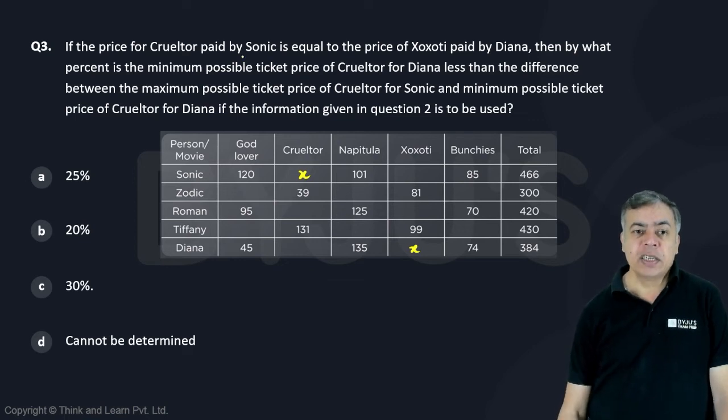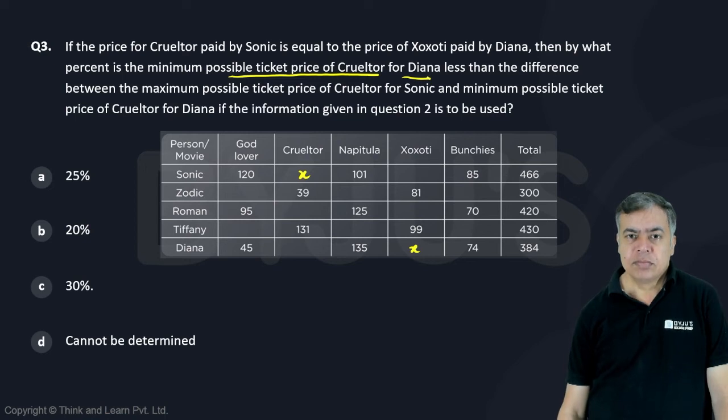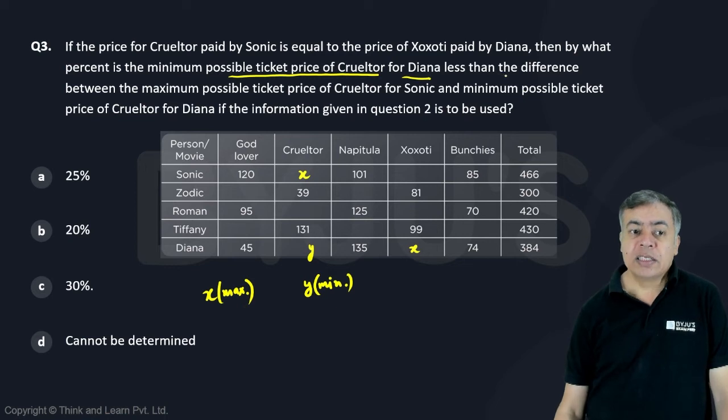Then by what percent is the minimum possible ticket price of C for D, that is Y, less than the difference between the maximum possible ticket price of X, X maximum, and Y minimum?